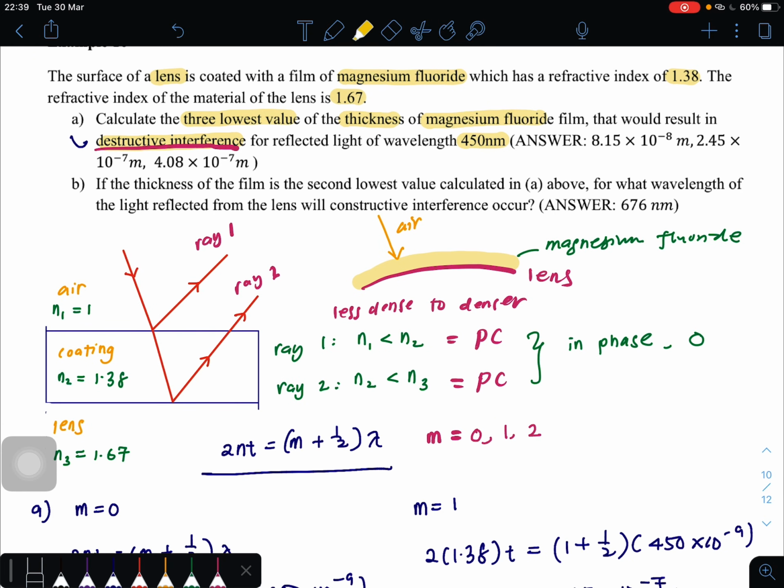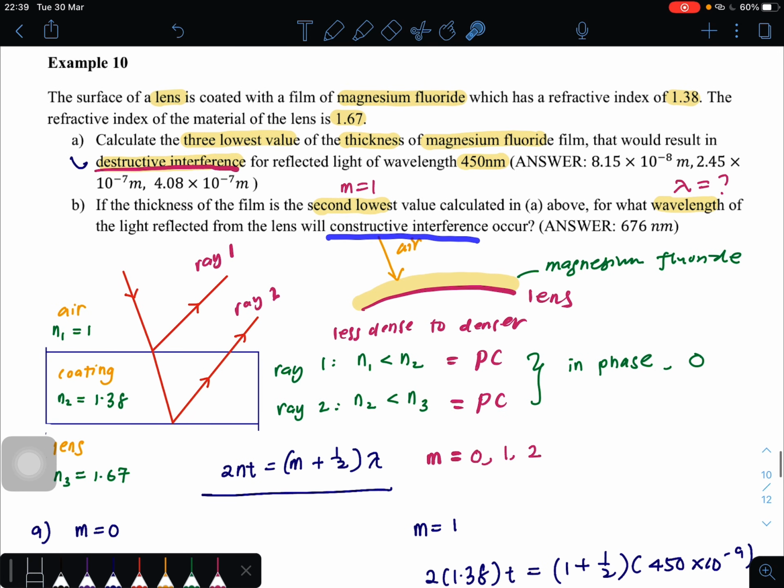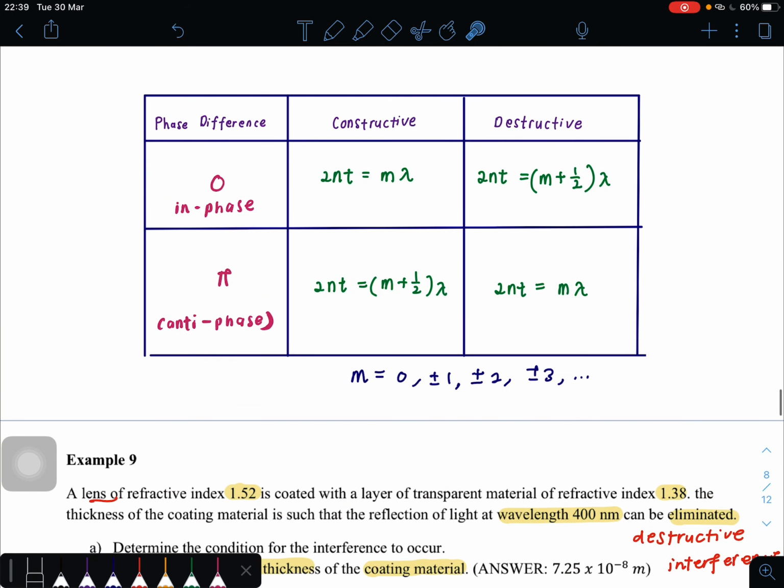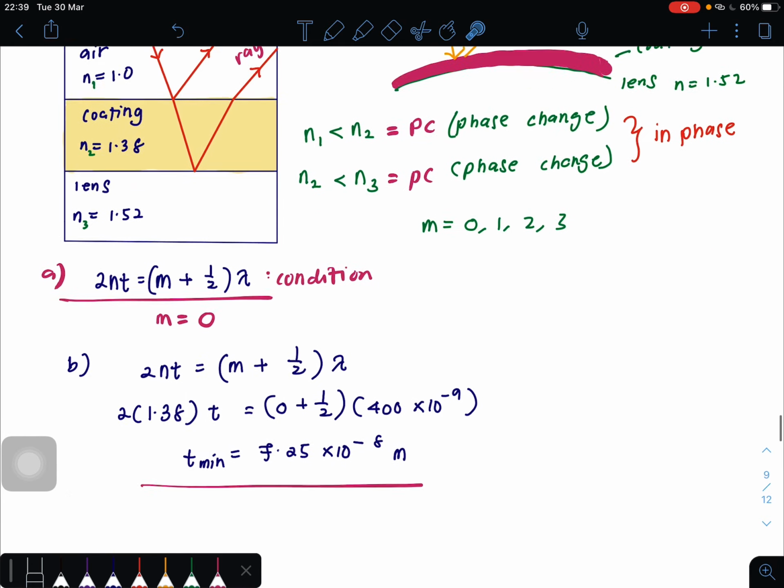We want the wavelength when constructive interference occurs. So we are still in phase, but now we want constructive interference, which means in phase, constructive. So we are going to use this formula.